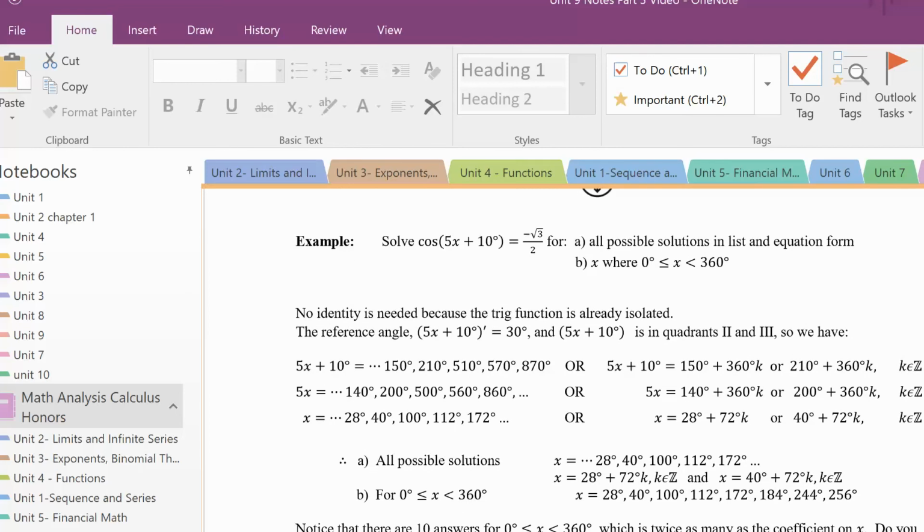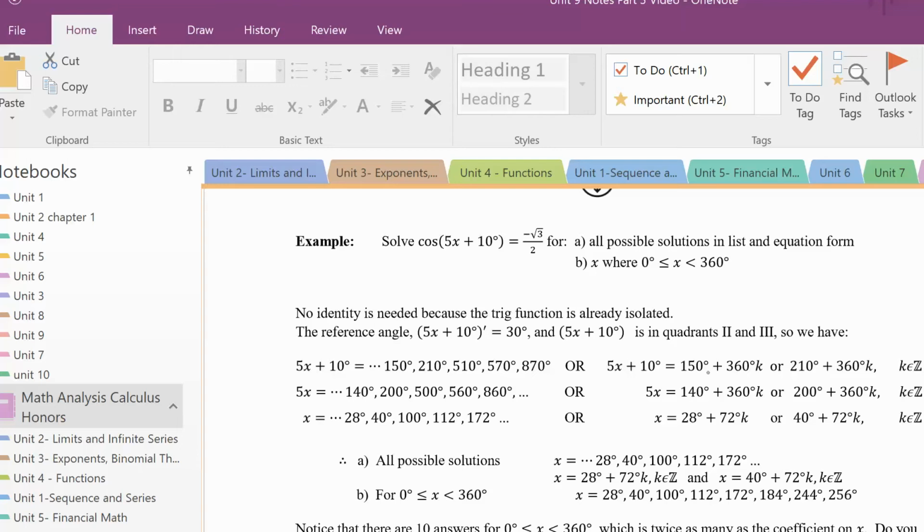Likewise, for this next one, cosine of 5x plus 10 equals negative rad 3 over 2. You can do the same thing where you say 5x plus 10 is equal to, the reference angle is 30 degrees because the cosine is equal to rad 3 over 2 at 30, but because it's negative, you know it has to be in quadrants 2 and 3, so it's going to equal 150, 210, and then you can just keep adding 360.